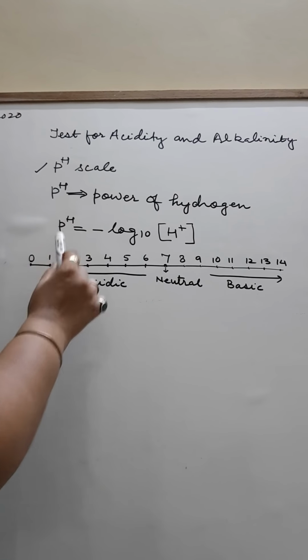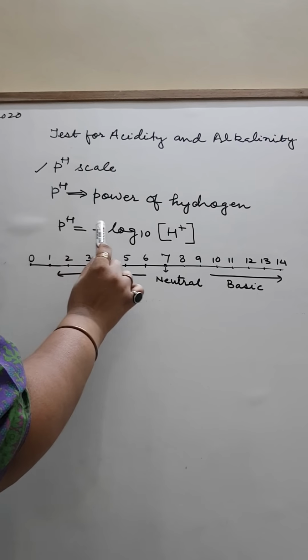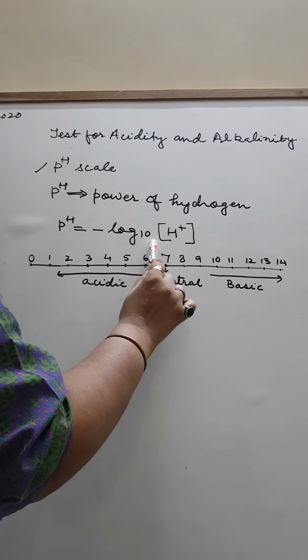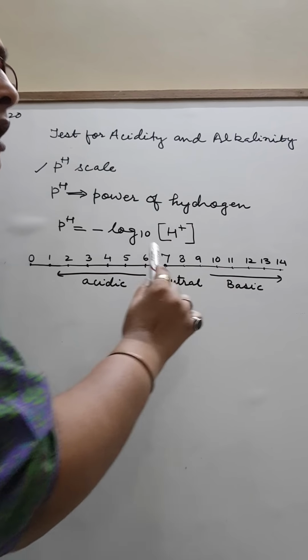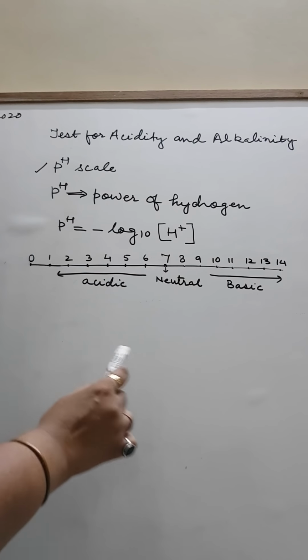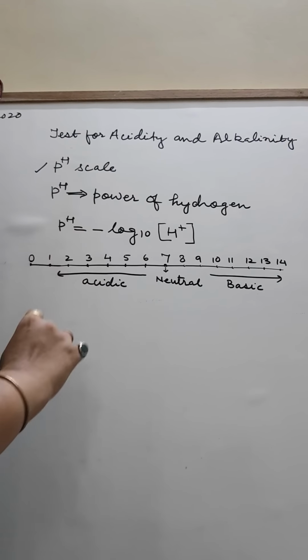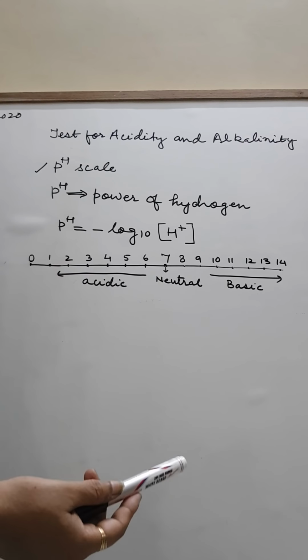Then comes the formula. pH is equal to minus log to the base 10 of H plus ion concentration expressed in moles per liter. Children, with the help of this formula, we can get the definition of pH also.